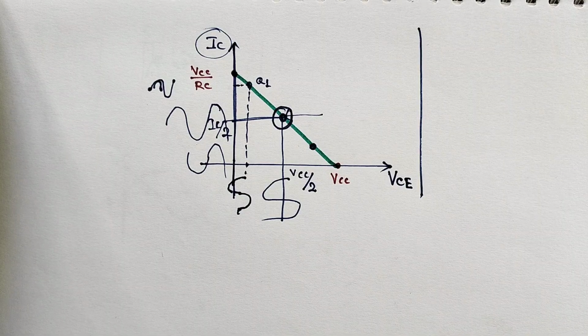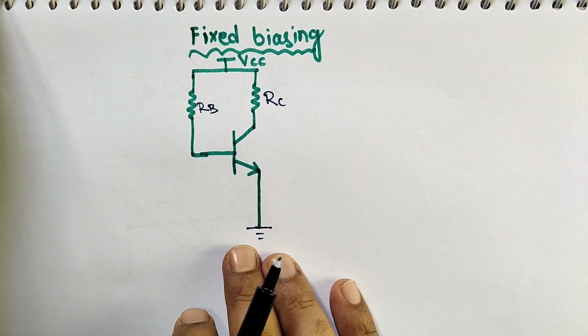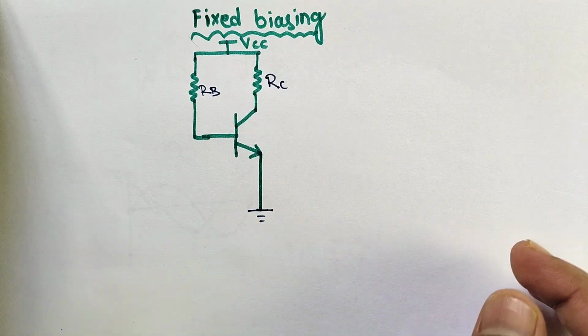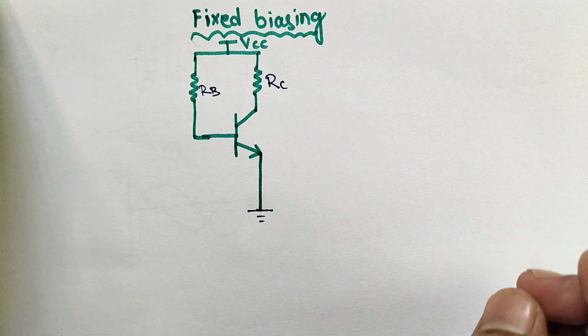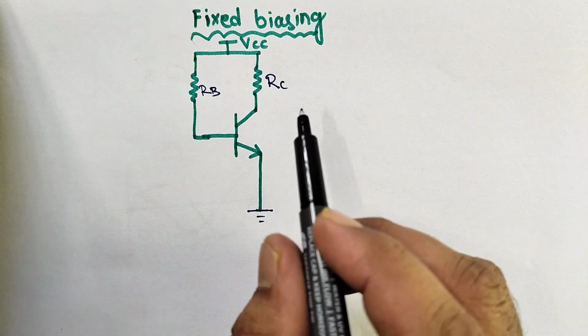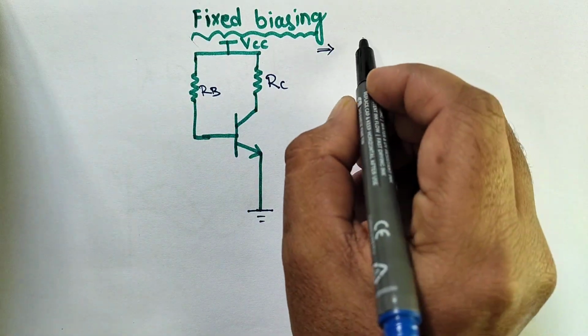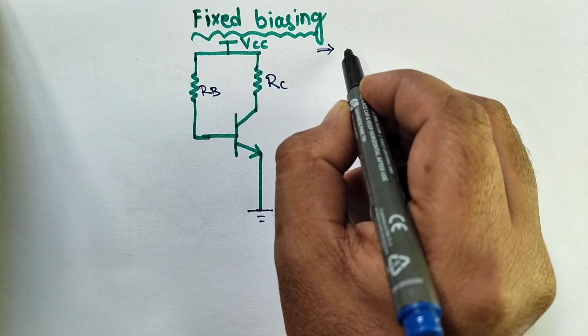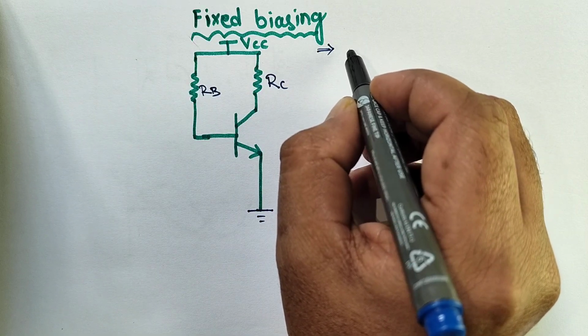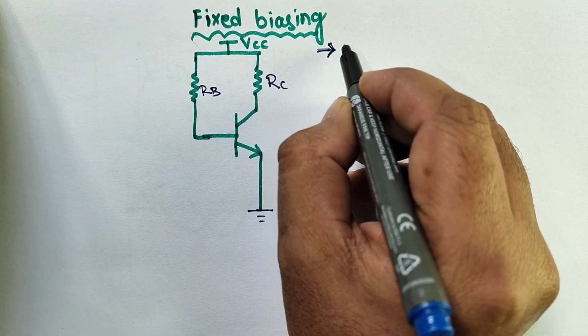Here we can show the fixed bias circuit. You can see this is the simple circuit for the fixed bias configuration. In fixed bias, once you fix the design, you cannot always keep one Q point.